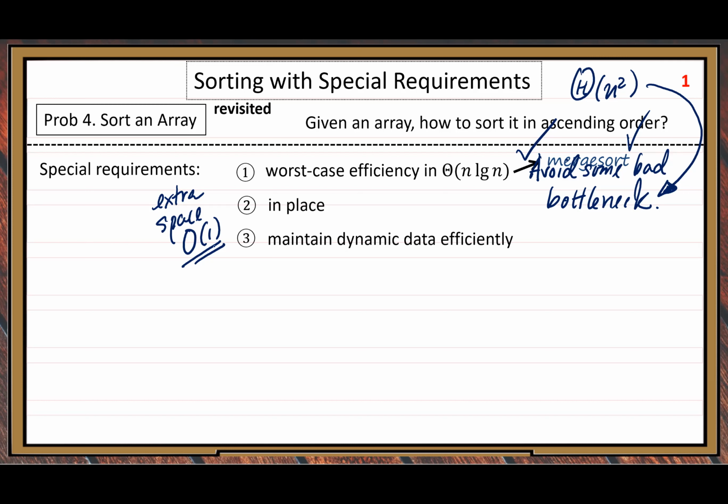That's quite normal in real world applications. Frequent insertions and deletions, quite normal, right? Here, we want to have efficient manipulations for dynamic data.